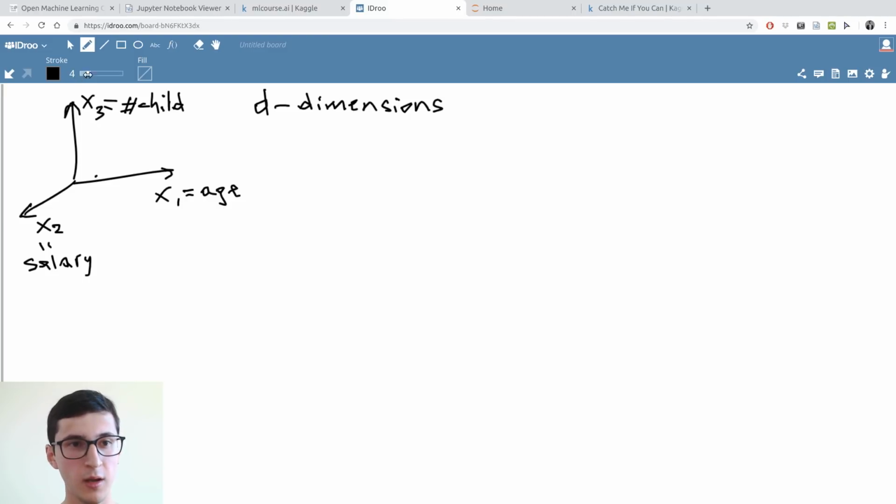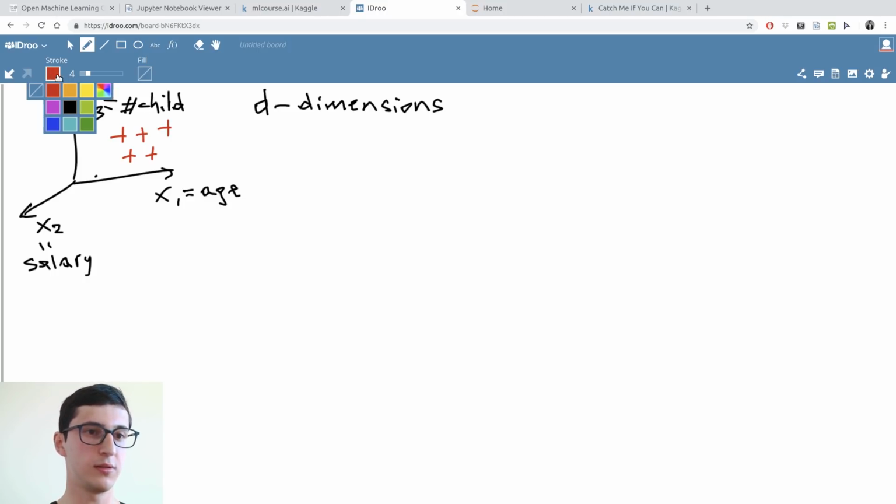Okay, and in this d-dimensional space we'll have some classes, positive objects, maybe people who churned or people who didn't churn. Just to keep it simple, let's think that we've got some positive examples and some negative examples. They can intermingle, so some minuses can be here in the cloud of pluses, positive examples.